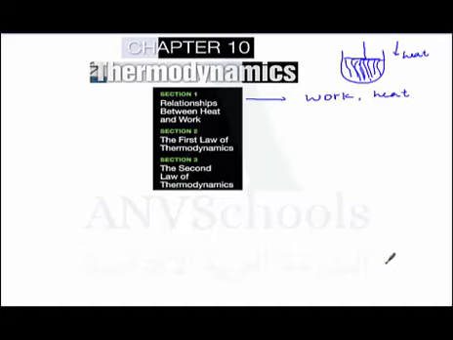And the second lesson is about the first law of thermodynamics. So here we will state the law of thermodynamics. By the way, the first law of thermodynamics is similar to the law of conservation of energy, or it is a derivation or part of it.